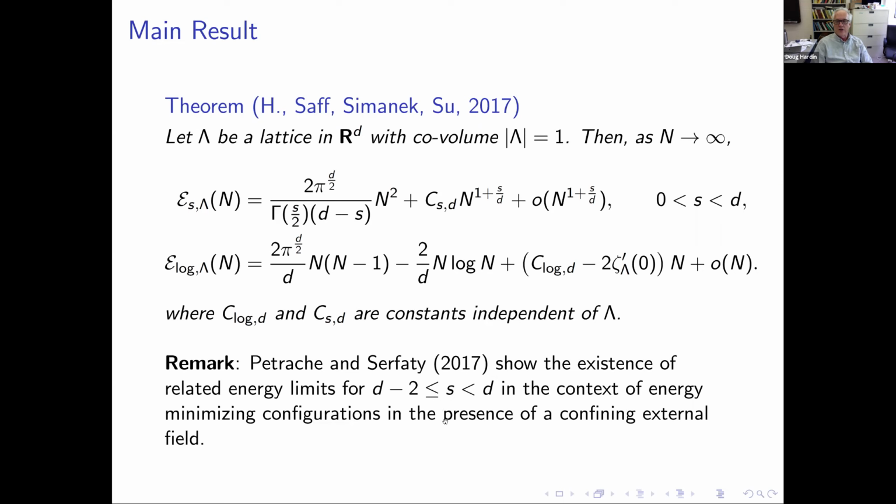Instead of being on the flat torus, they take a limit as n goes to infinity in the presence of a confining external field. So there are relations between these, but we're in slightly different settings, and we use different techniques here. And there's a reason that, with this analysis, you can't go below D-2.